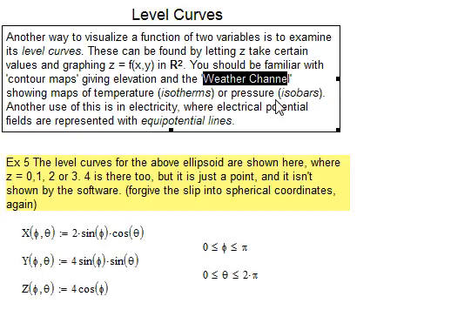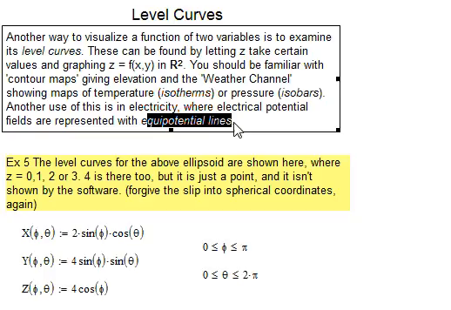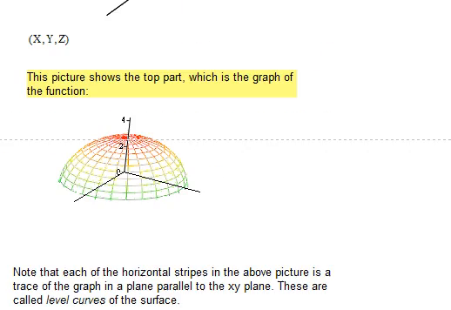They're called isotherms, or pressure, that's called isobars. I suppose I could show you one of those now, but I might get whacked with some copyright issues if I did that. But another use of this is in electricity, where electrical potential fields are represented with equipotential lines. Same kind of idea.